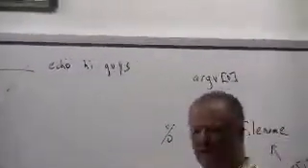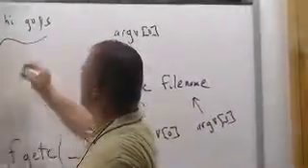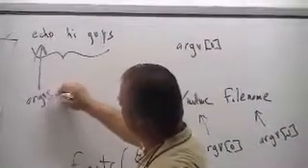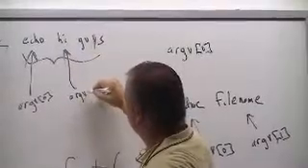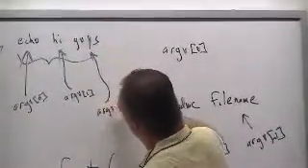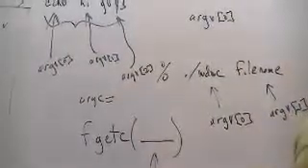Well, there's really 3 of them. This one is the function, argv of 0. This one is argv of 1. And this one is argv of 2. What's argc? It's a counter. 3. There's 3 of them.